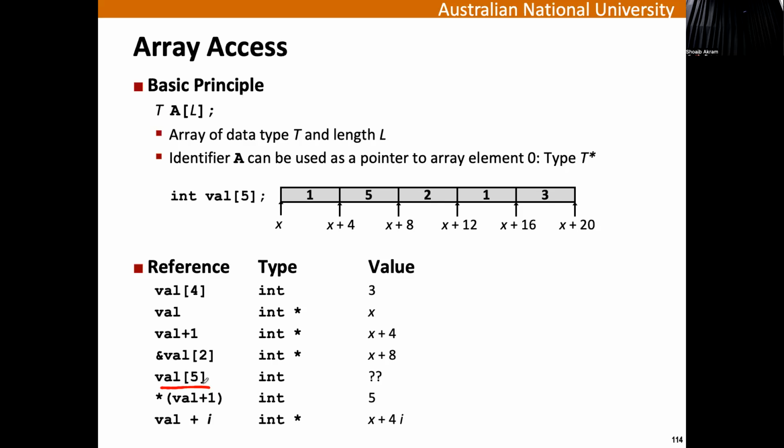That's why for writing serious, very complex, high-level programs, C is frowned upon, because programmers can make mistakes like this and C will not complain. You know, whatever you want, I'll do it for you. Who knows what is at val5? Another array, another variable, who knows, right? Not a safe language.